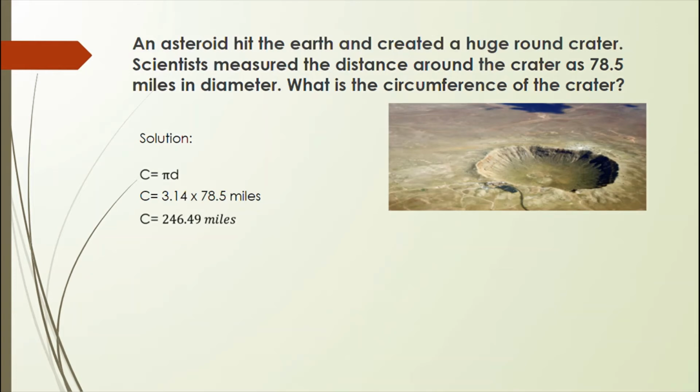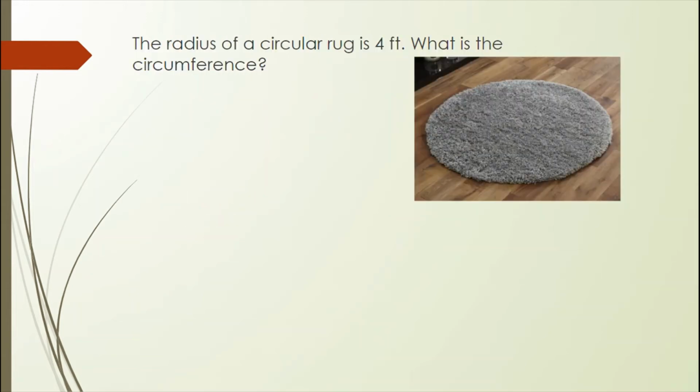So the circumference of the crater is 246.49 miles. It's very easy, right? Again, to find the circumference, if the given is the diameter, just multiply it by the value of pi, which is 3.14.